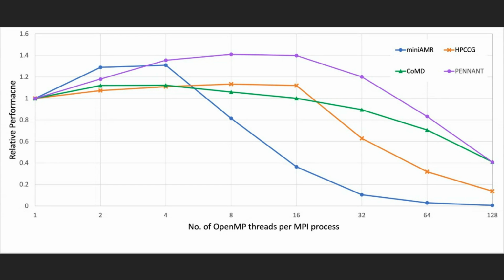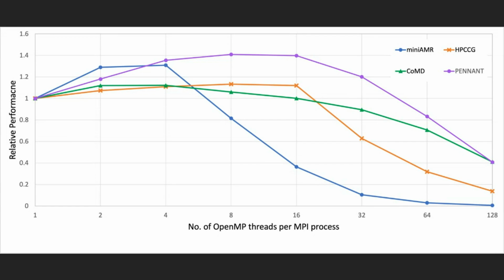What you can see is that the different applications have different characteristics here, but mostly the optimum number of threads per MPI process is typically either 4 or 8. So it's relatively small compared to the total number of cores on a node.